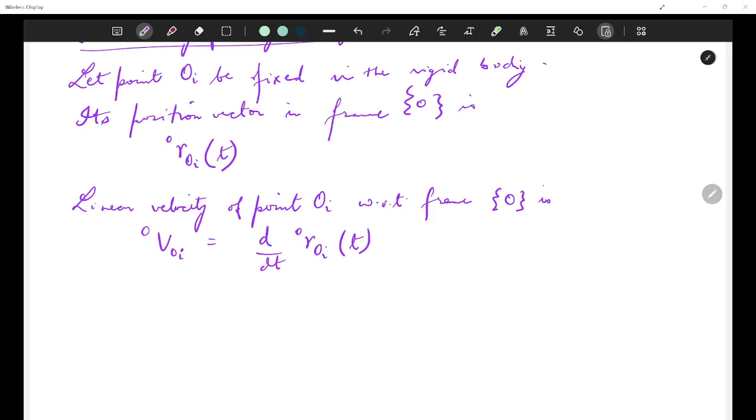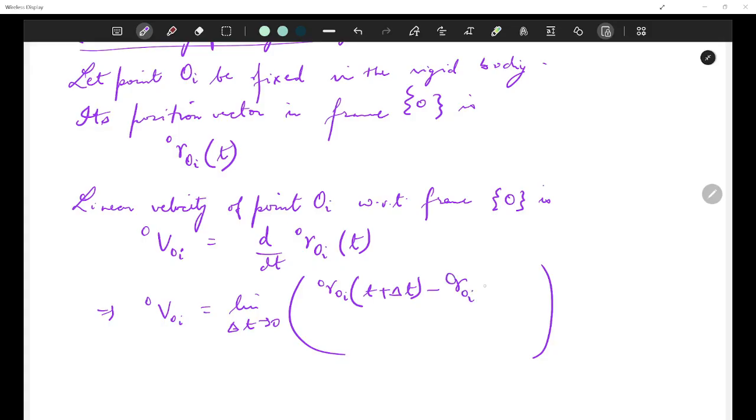After this we can just expand it. ⁰v_Oi is the limit as delta t tends to 0, and whatever is coming here goes inside the limit. We write it for t and t plus delta t: (⁰r_Oi(t + delta t) minus ⁰r_Oi(t)) upon delta t.